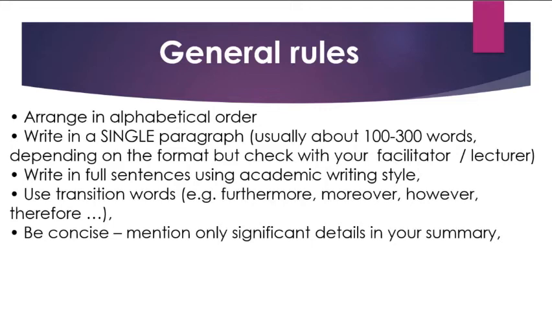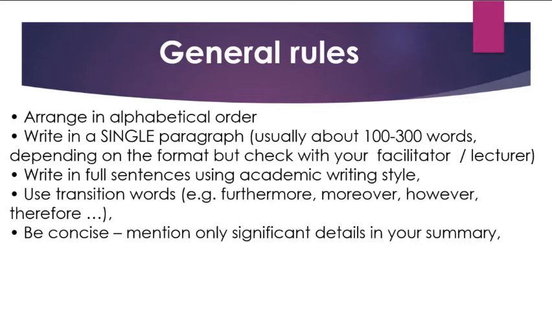And they are: you have to arrange in alphabetical order, write in a single paragraph, usually about 100 to 300 words, depending on the format. You have to write in full sentences using academic writing styles.